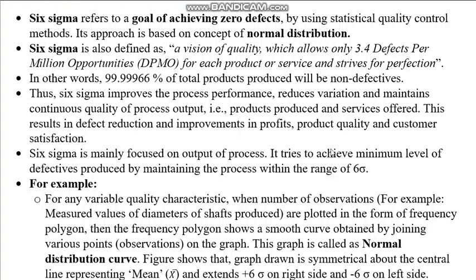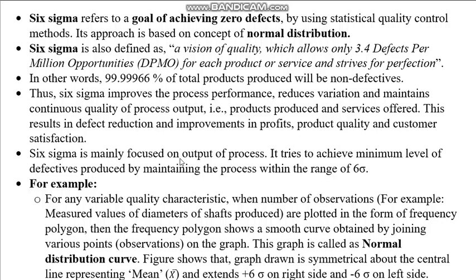The customer will be satisfied when the product quality is good. Your profits will improve when the customer is satisfied and is willing to spend the money, and also when you are able to produce at a lesser cost by not producing the defective parts. See, these are all there.